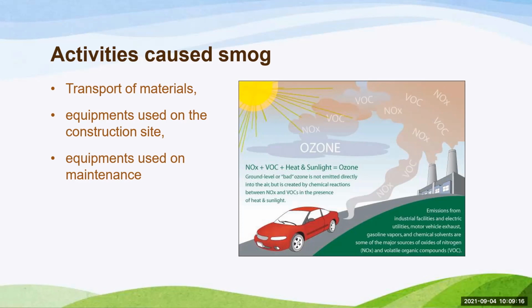This ground-level bad ozone is not emitted directly into the air, but is created by the chemical reaction between NOx and VOC in the presence of sunlight. Equipment used at construction sites and in maintenance, and the materials used, create smog.